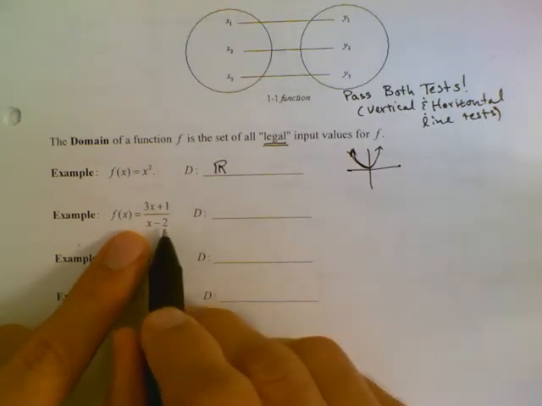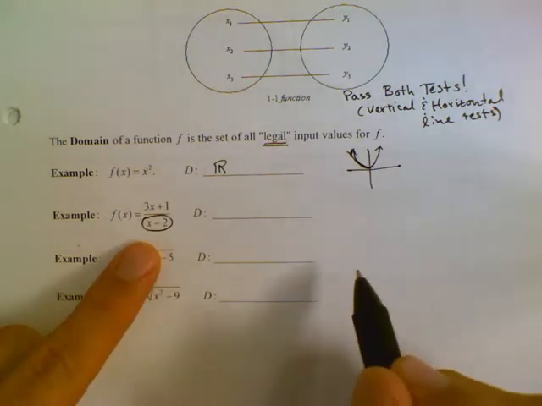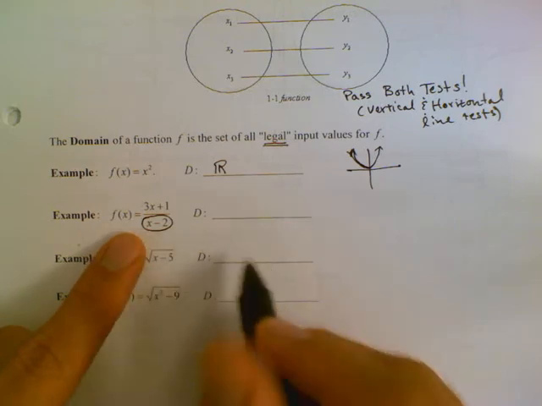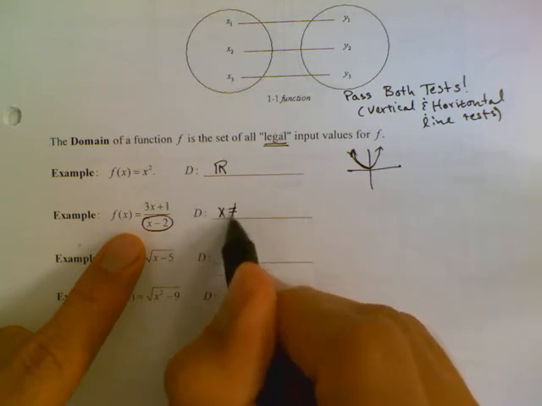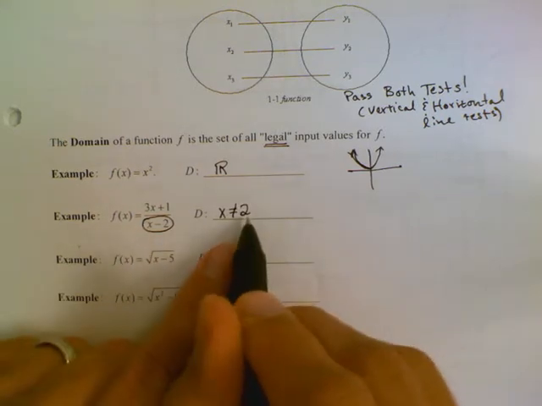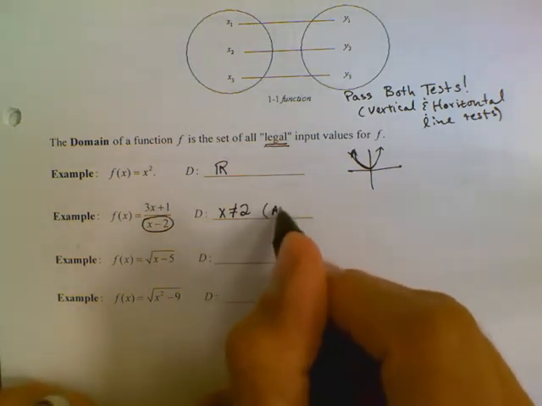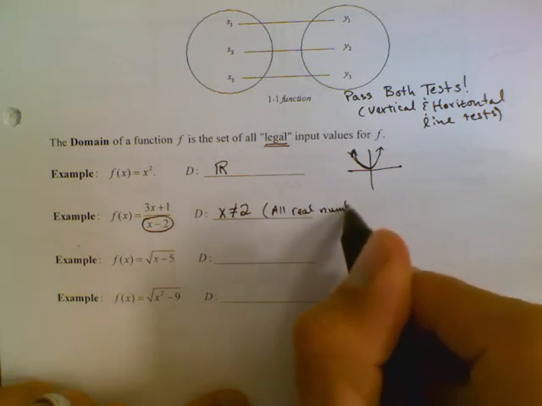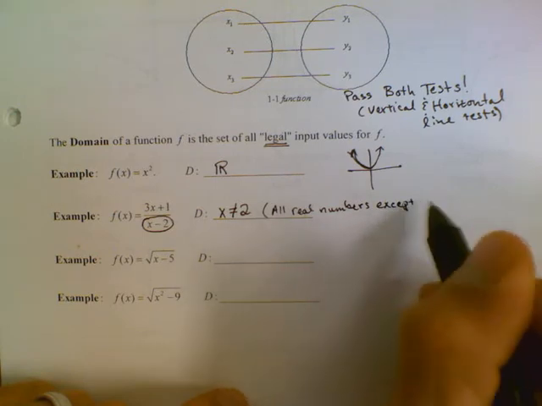However, once you start using fractions like this, with an x value in the denominator, you should know that the denominator cannot be 2. So this is going to be all real numbers except for positive 2. You can say x is not equal to 2, or all real numbers except x equals 2.